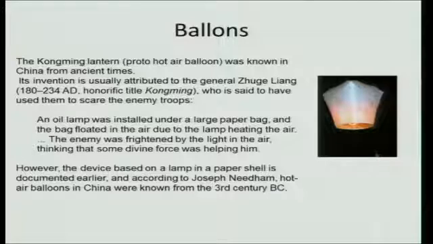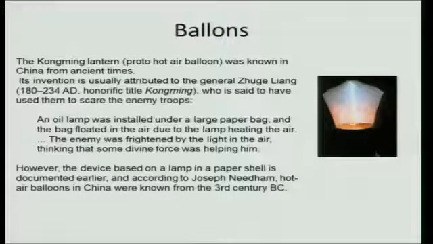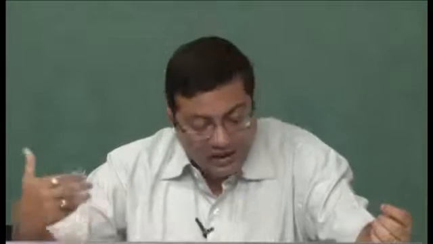This invention is usually attributed to General Zhuge in about 200 AD, and he is said to have used these lanterns at night to scare enemy troops, because in the darkness of night he used to put small lamps in these balloons and send them upward, and the enemy soldiers would see those flying lights and get scared. They thought they were dragons actually. So, essentially the first use of balloons again was military, to scare the enemy soldiers.